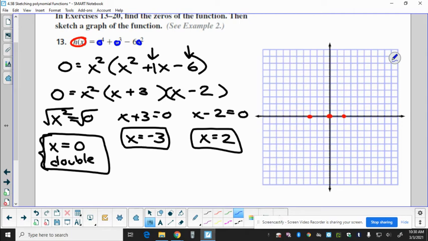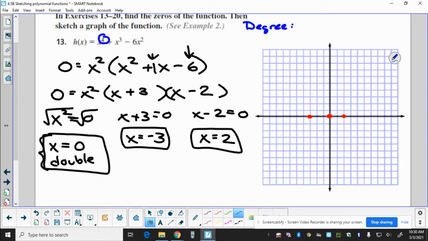Next we look at end behavior to help us. The question is, what is the degree? Tristan, what's the degree of this polynomial? Highest exponent. 4.